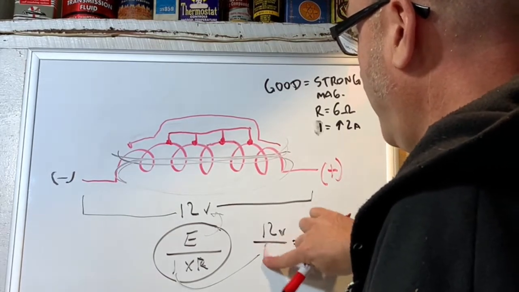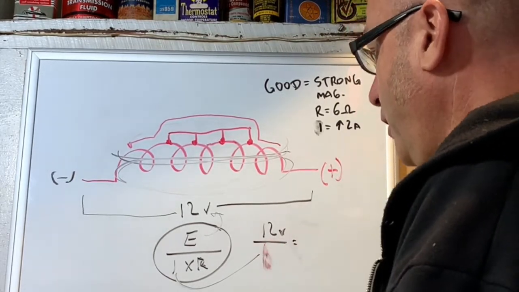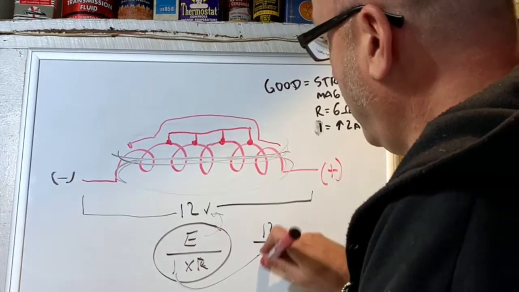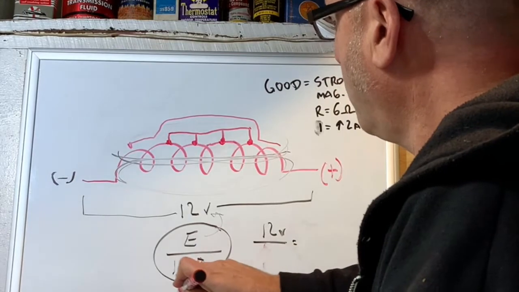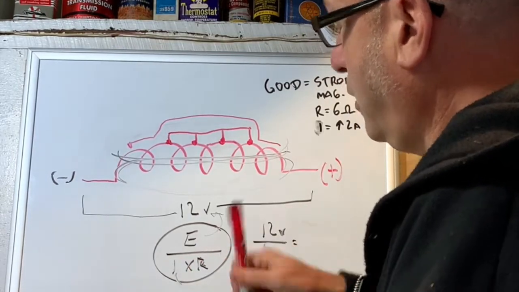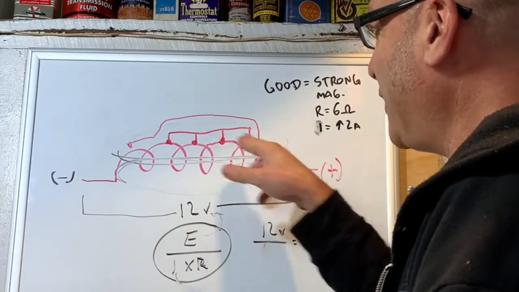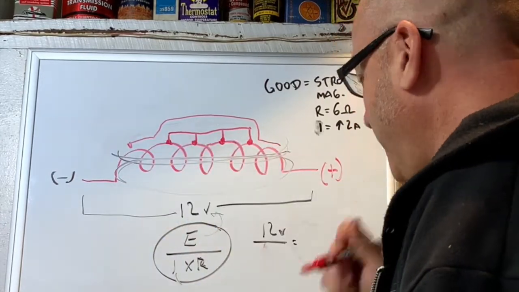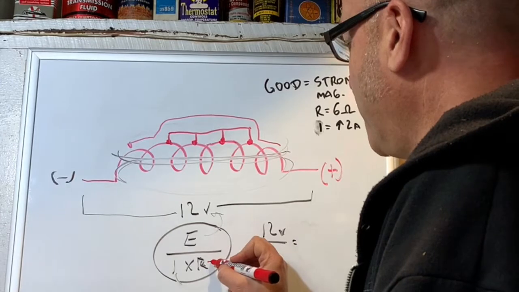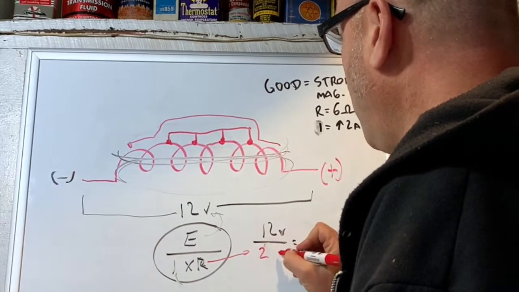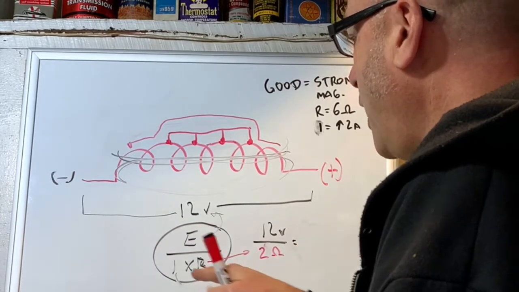We've got to change our formula here, right? So if I want to find the current now, and we know that there's a short with this thing, my resistance has gone down, and let's say that my resistance is now 2 ohms, and I want to find out the current.